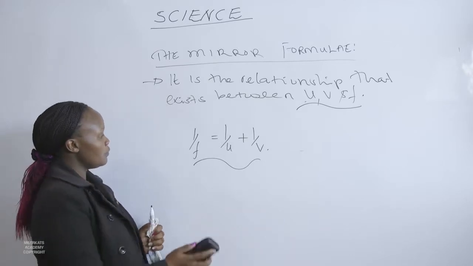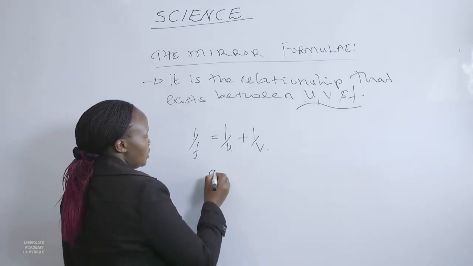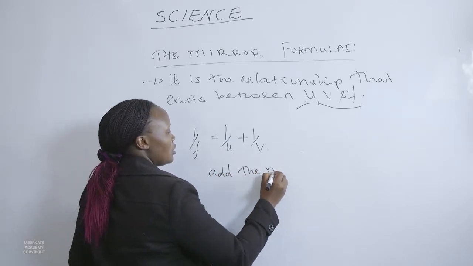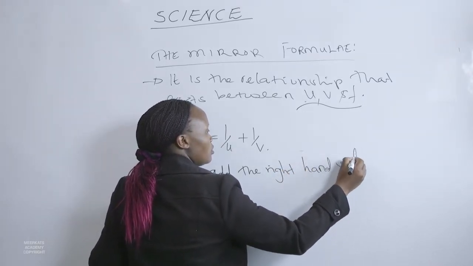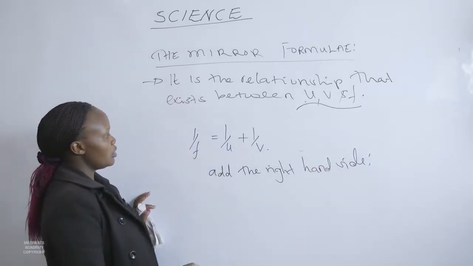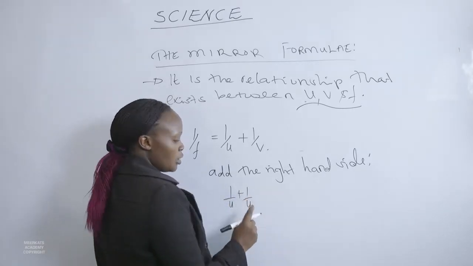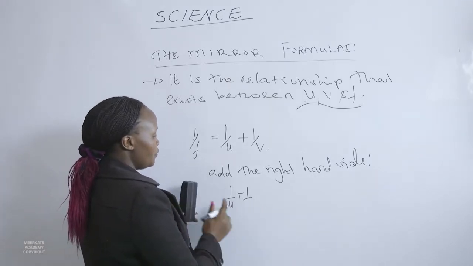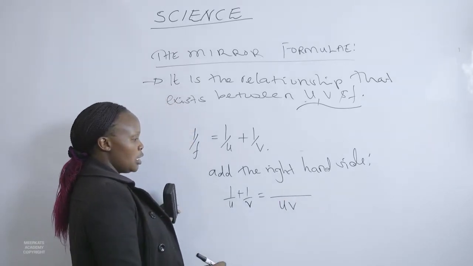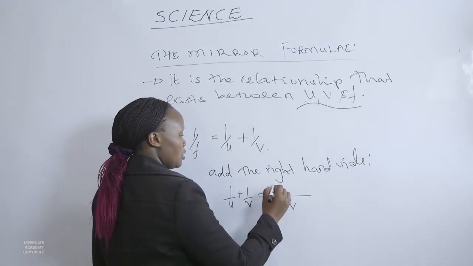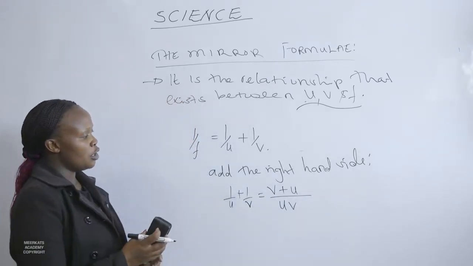Now, from this formula, we can add the right hand side so that 1 over U plus 1 over V, we add the two, get the LCM, which will be UV, so that the numerator is the sum of the two.